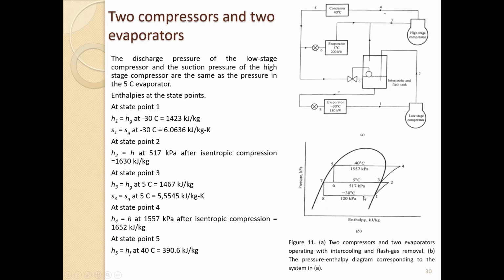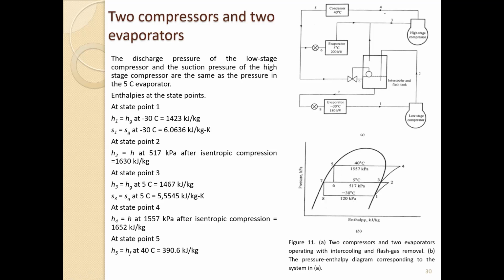Enthalpies at state point 1: H1 is equal to Hg at negative 30 C, or 1423 kJ per kilogram. S1 is equal to Sg at negative 30 C, which is 6.0366 kJ per kilogram-K. At state point 2, isentropic 1 to 2, H2 is equal to H at 517 kilopascal after isentropic compression, or 1630 kJ per kilogram.